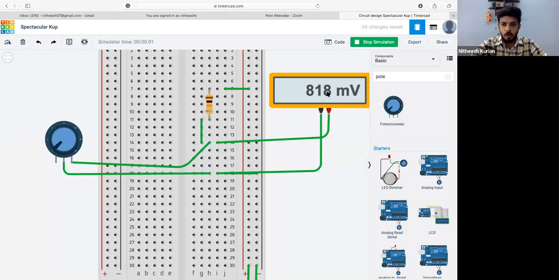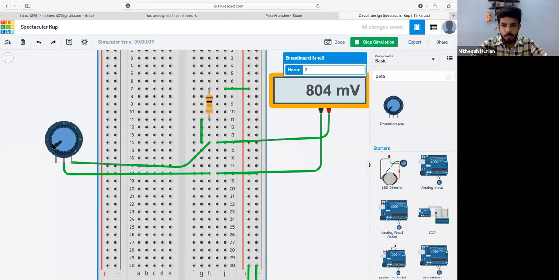Now the voltage across the potentiometer is 0.8 millivolt. If you change the potentiometer, you can see that as resistance increases, voltage reduces, and finally it will become 0. Make sense? Imagine that this is an LDR, or light dependent resistor, and depending upon the light intensity falling on the LDR, this resistance will vary.